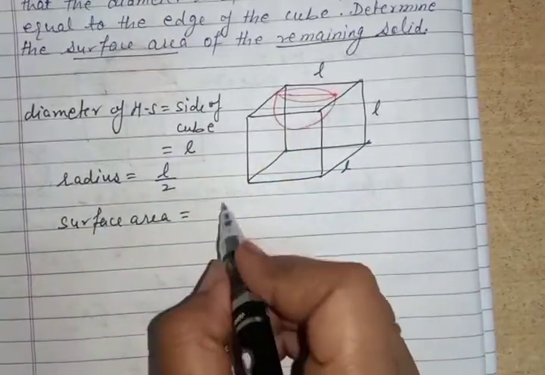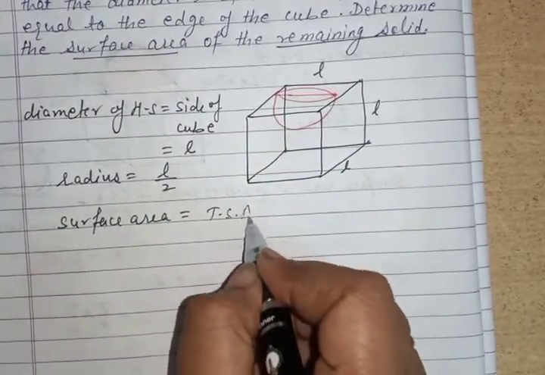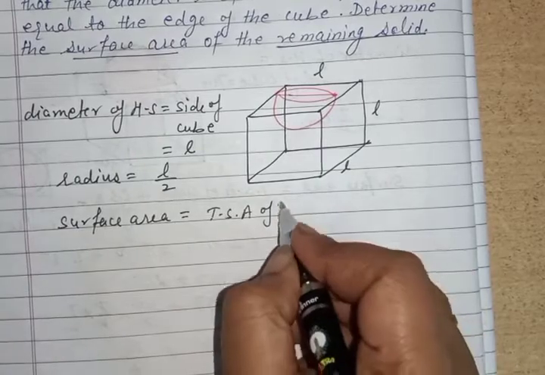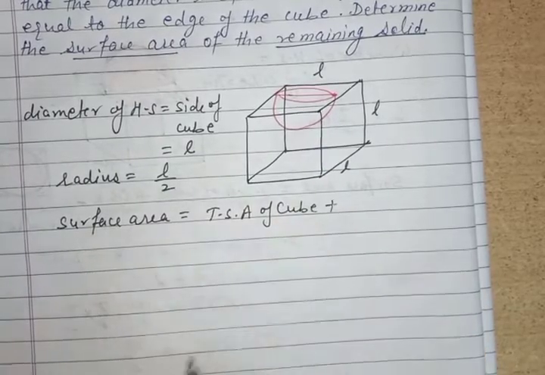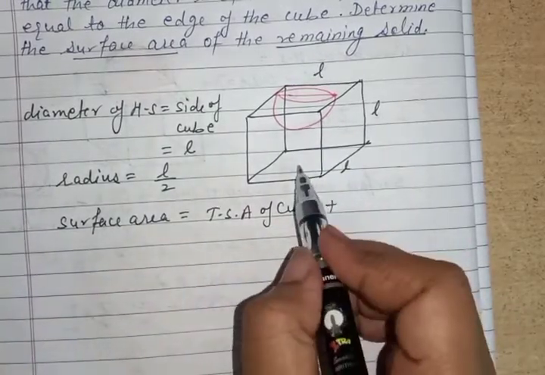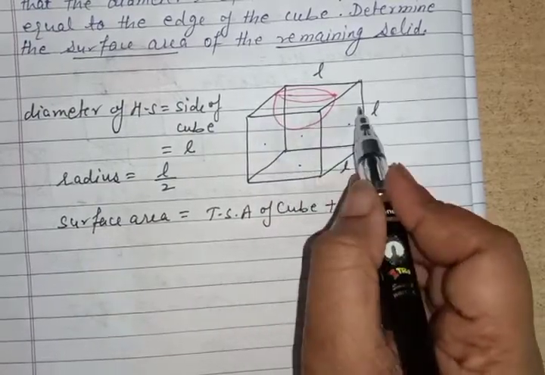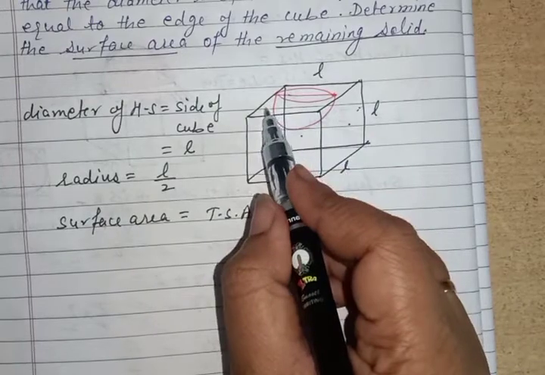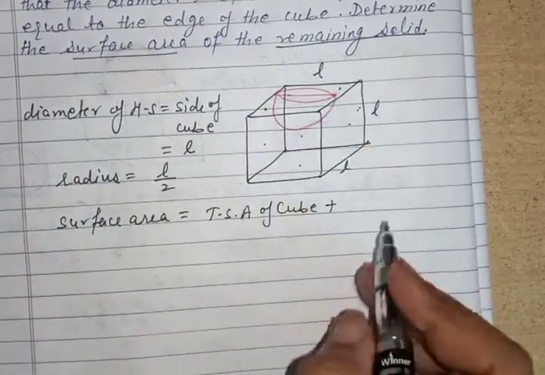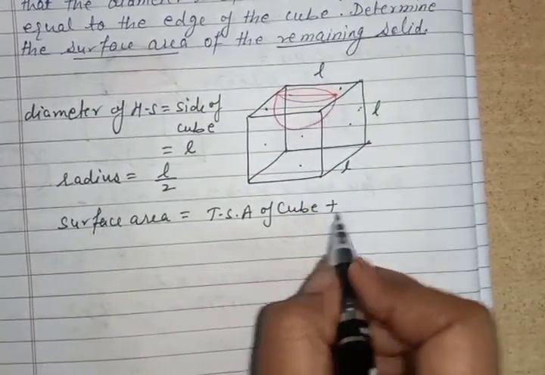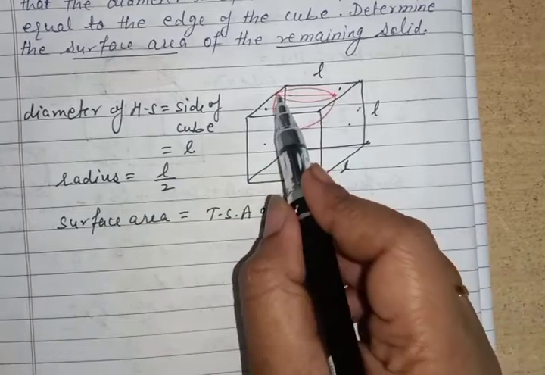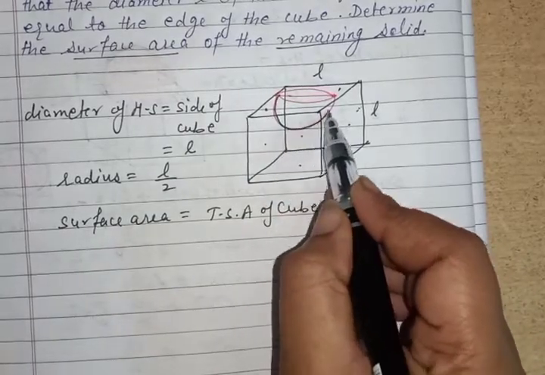So here the exposed area is total surface area of cube, plus all these surfaces 1, 2, 3, 4 and 5. This back one is 5, and this upper face also, this portion we can paint. So total surface area of cube plus this part we can paint.